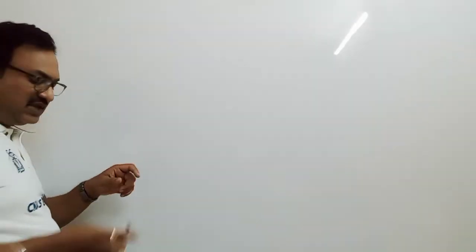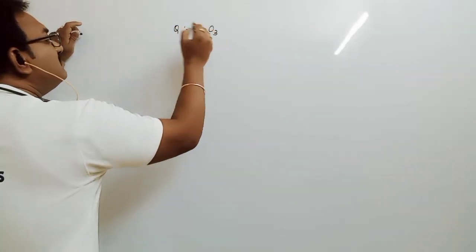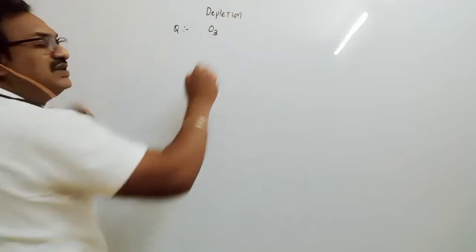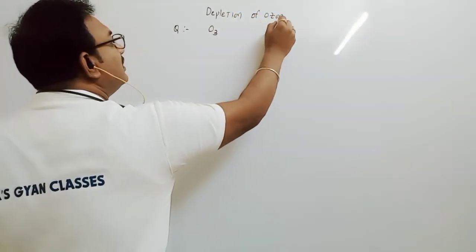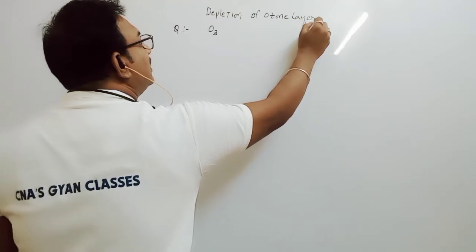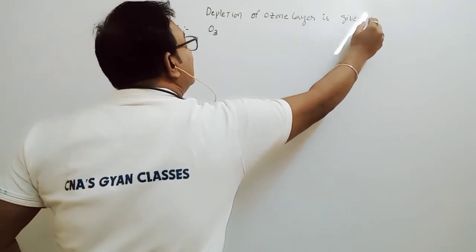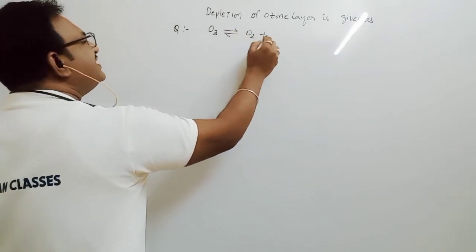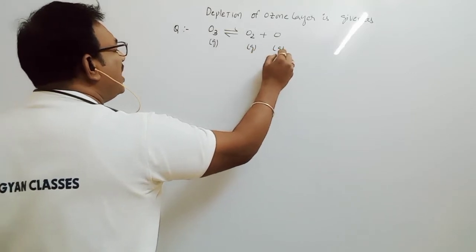Now go to one more important question. If the mechanism of depletion of ozone layer is given like this: O3 gives rise to O2 plus nascent oxygen. Okay, this is step 1.